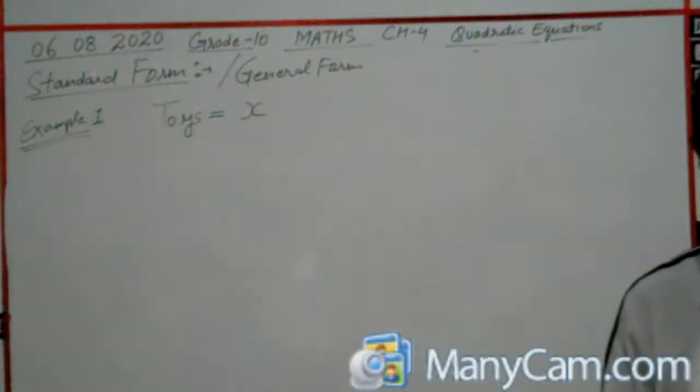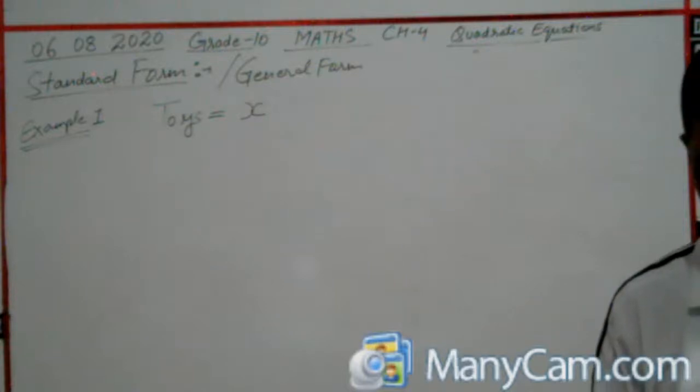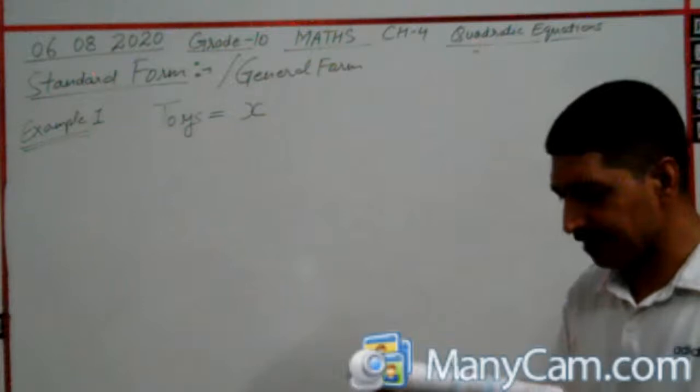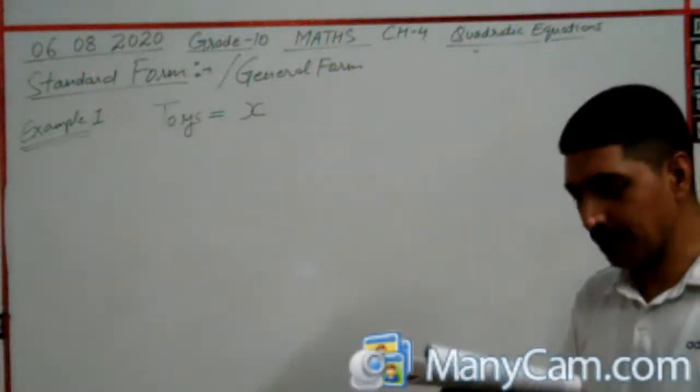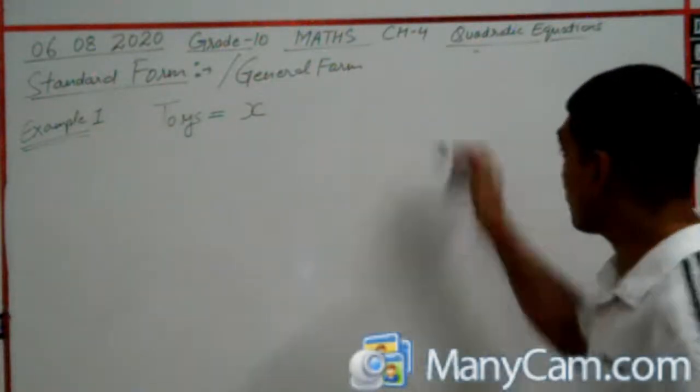Now according to the question, the cost of production of each toy was found to be 55 minus the number of toys. What is the cost?